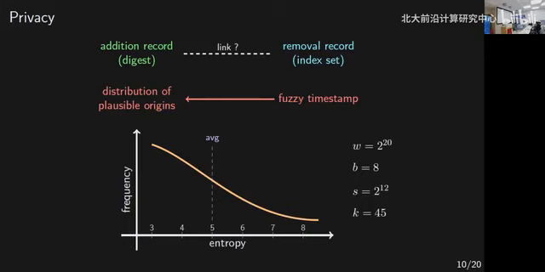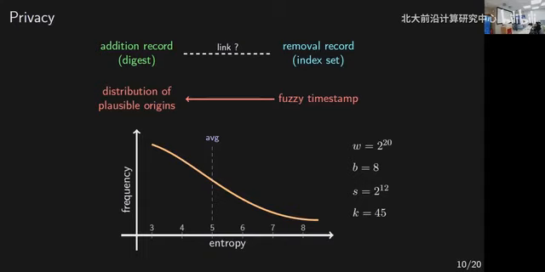And we can plot the frequency of observing a given entropy as a function of a bunch of parameters. And in fact, these are the parameters that we use in Neptune. The window size is 2 to the 20 bits. Batch size is 8. Step size, how much the window shifts, is 2 to the 12.